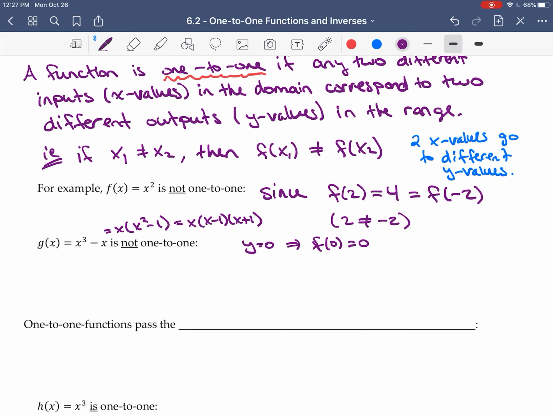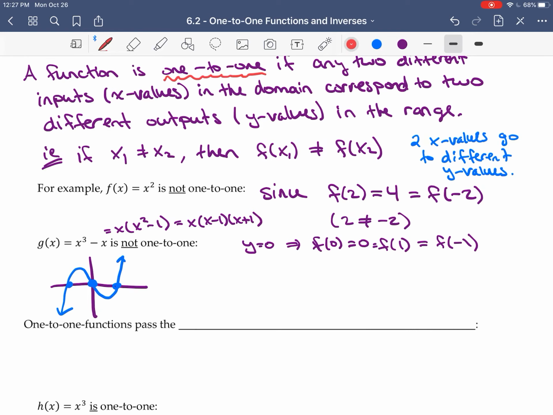So when x equals 0, I get the y value 0. But I also do when x equals 1 and when x equals negative 1. So you can think about the graph here. It's negative 1, 0, and 1, and the graph is going to look something like that for this one.